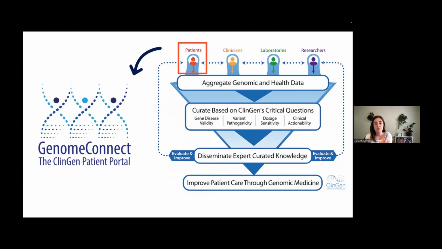So ClinGen has encouraged a number of groups to share data, because really the first step that ClinGen feels in better understanding genetics and health, what variants are tied to disease, is pooling as much information as we can together. So ClinGen has engaged clinicians, genetic testing labs, researchers, and even patients in collecting as much information as we can. ClinGen engages patients through GenomeConnect because they felt as though patients could serve as an important source of genetic and health information.